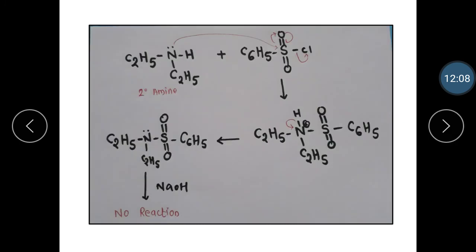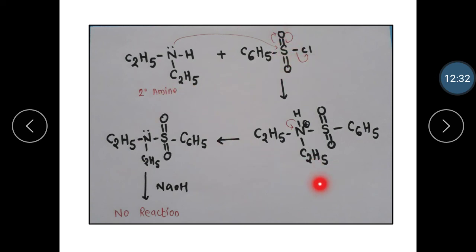Then the next reaction is secondary amine reacting with benzene sulfonyl chloride. In secondary amine, on nitrogen there is a lone pair of electrons. This nitrogen donates the lone pair to this sulfur. At that time this bond will break. Oxygen makes back bonding. At that time this chlorine leaves.